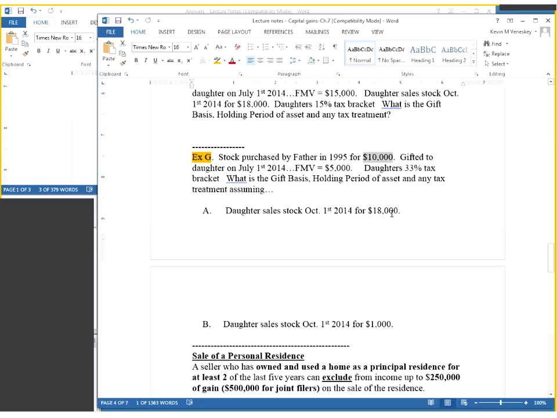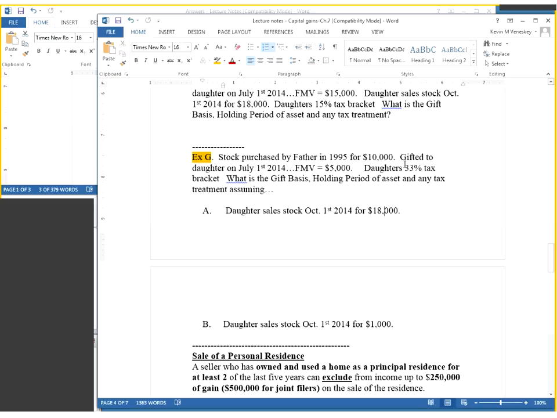Since the sell price is higher, she's going to use the dad's old basis and his old holding period. So this will be a long-term gain of $8,000.